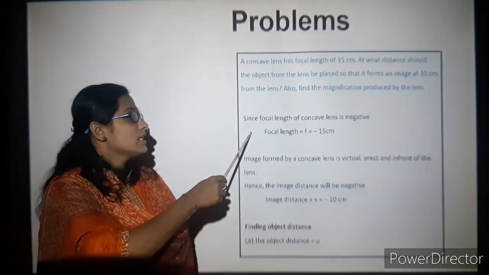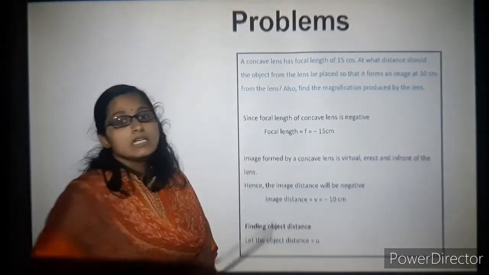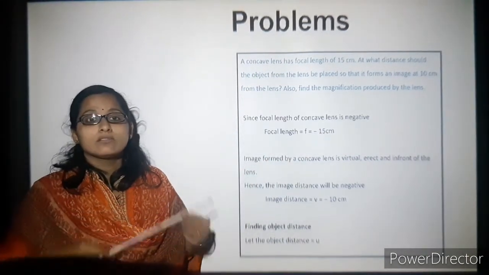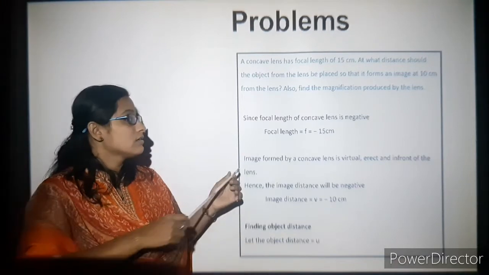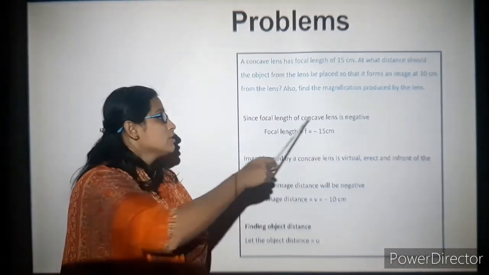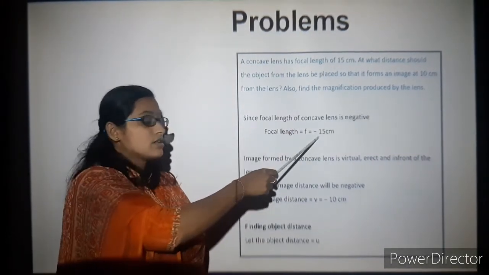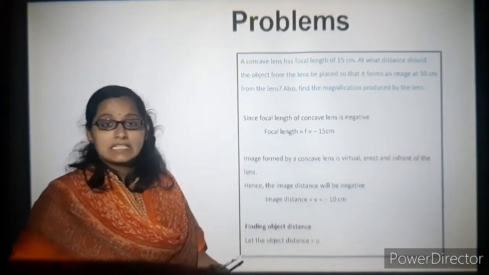With respect to the solution, for the focal length of a concave lens, go back to the sign conventions: focal length for a concave lens is negative. So your focal length F is given as 15, but here you will mention it as negative 15 centimeters.